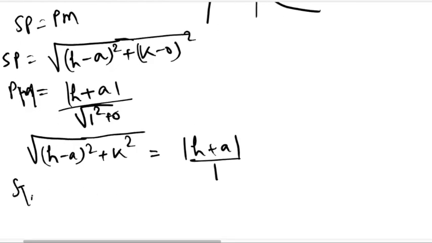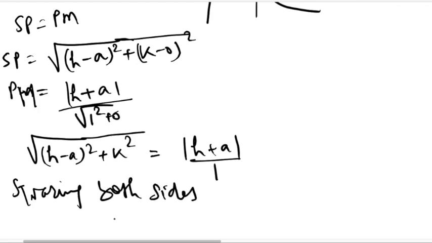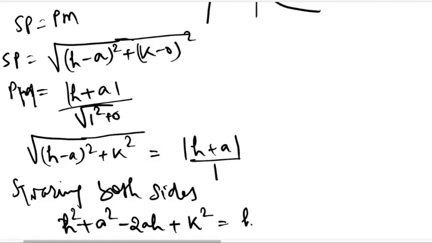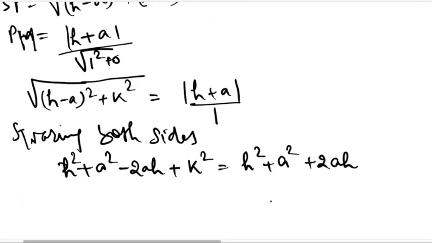Squaring both sides, h square plus a square minus 2ah plus k square equals h square plus a square plus 2ah. If I cancel h square and a square on both sides, we are left with k square equals 4ah.